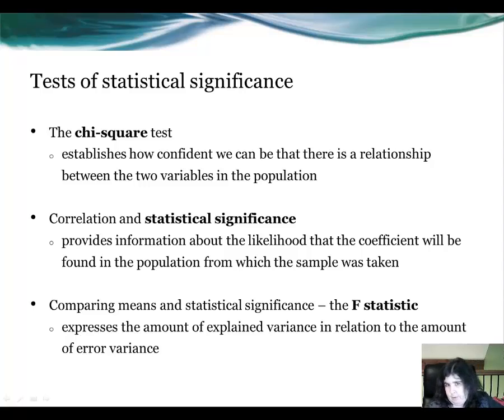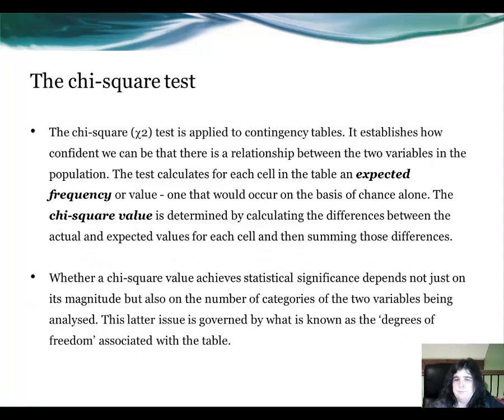And then we might compare the means for statistical significance, and this uses the F statistic. This expresses the amount of explained variance in relation to the amount of error variance. So let's go back to the chi-squared, and then we'll look at the significance of correlation.